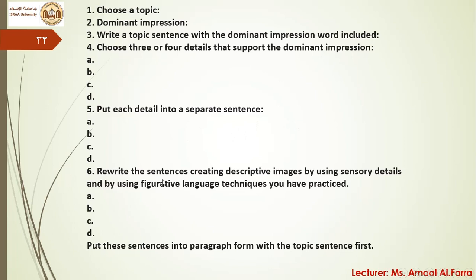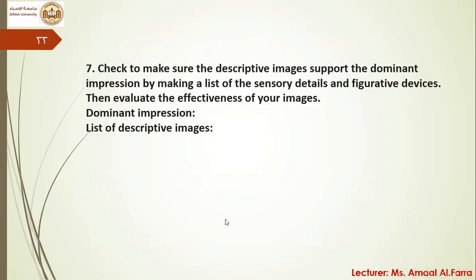Then, in number 6, rewrite the sentences creating descriptive images by using sensory details and figurative language techniques, as we said, to change them from non-descriptive sentences to descriptive sentences. Put these sentences into a paragraph, forming the topic sentence at first, and then in number 7, you can check to make sure the descriptive images support the dominant impression by making a list of the sensory details and figurative language.